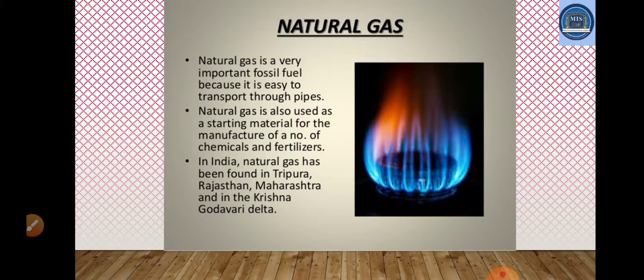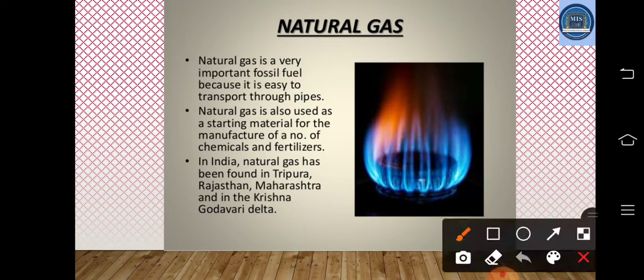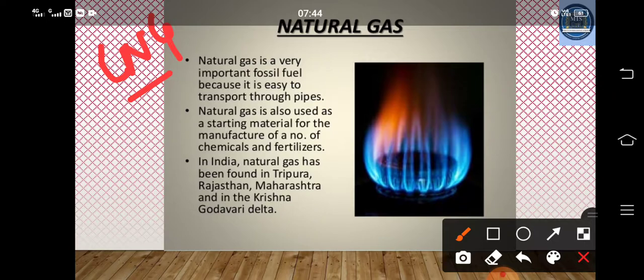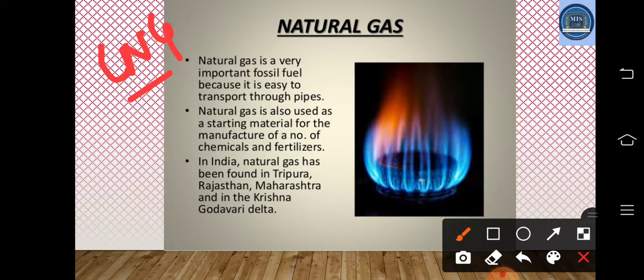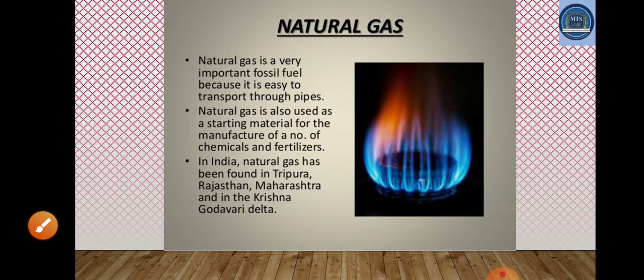It is stored under high pressure as CNG, that is compressed natural gas. It is often described as the cleanest fuel.